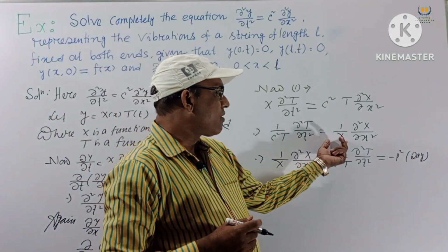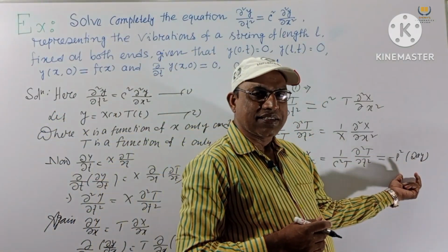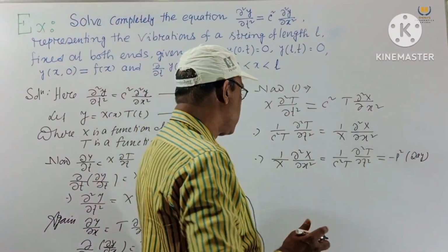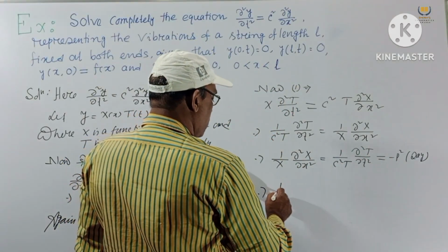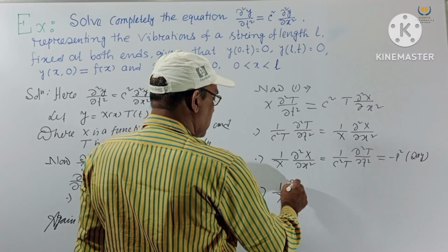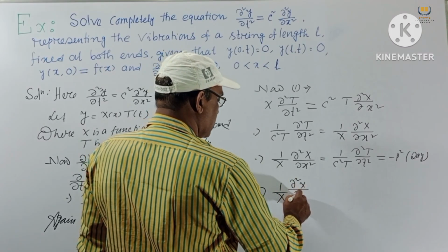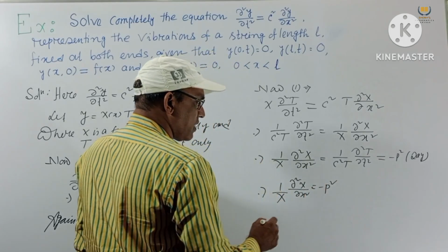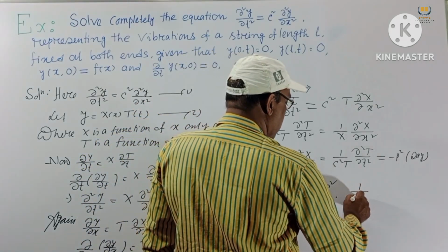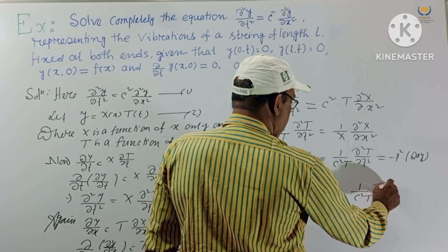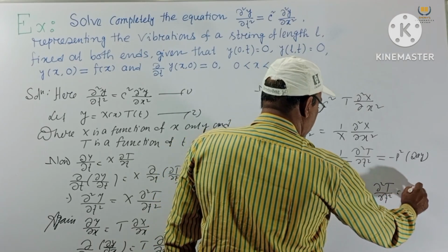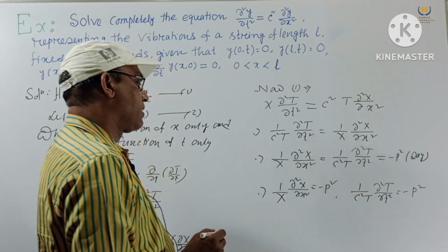So these two are equal to minus p². This implies 1/X ∂²X/∂x² = −p², and 1/(c²T) ∂²T/∂t² = −p².